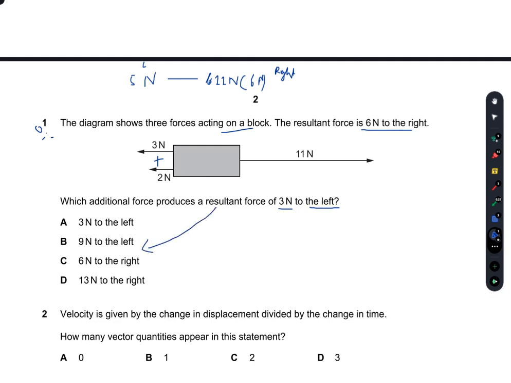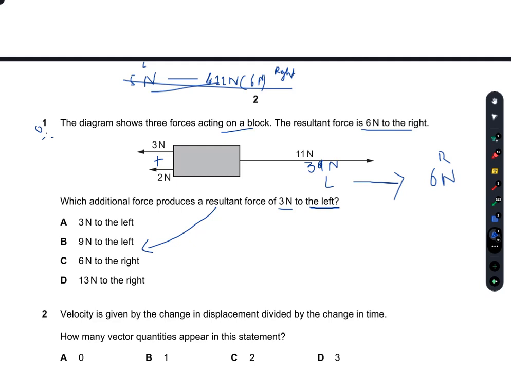So I cancel all of this and I take a 6 newton force to the right, and I have to produce a 9 newton force to the left. So sorry, I have to produce a 9 newtons force to the left.